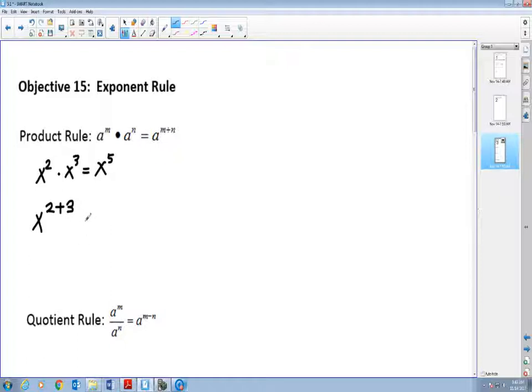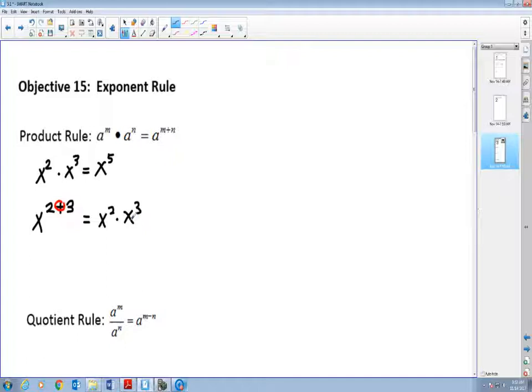But if I see something like this with that plus sign, that tells me that my base x can be split up into x squared times x to the third. We can rewrite it this way. Okay, we're going to see something like this in Chapter 5.